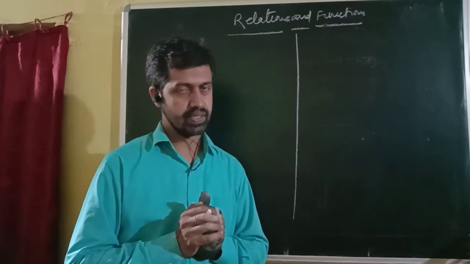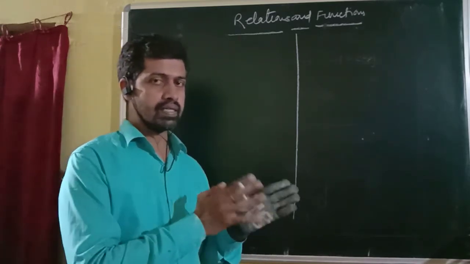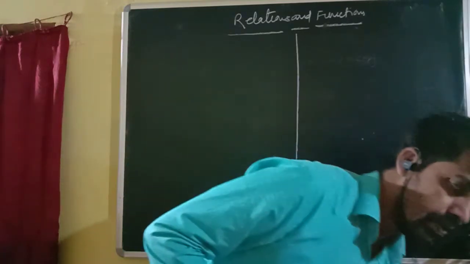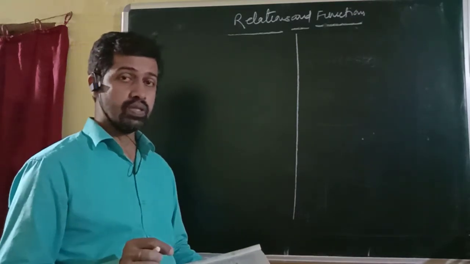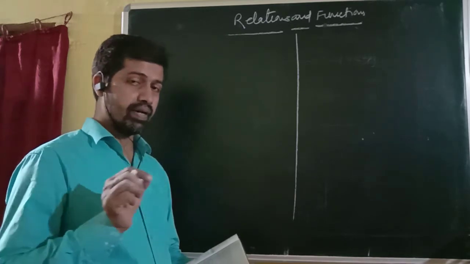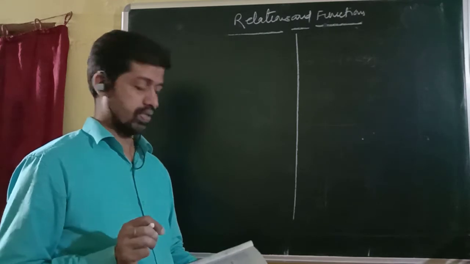Now we are proceeding to exercise 1.1 of NCERT, from which we will try to figure out whether a given relation is reflexive, symmetric, and transitive or not.